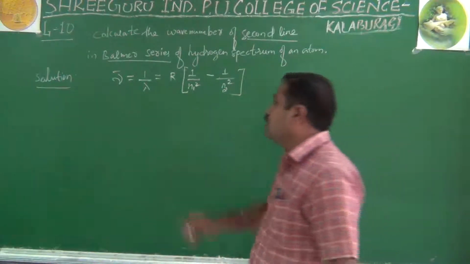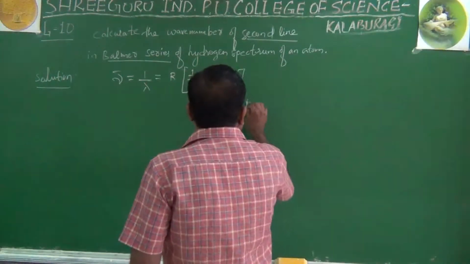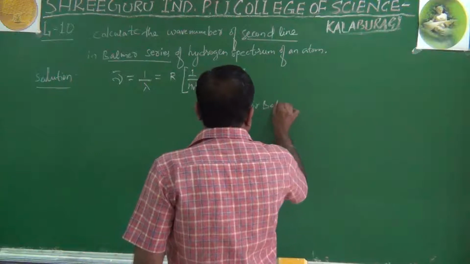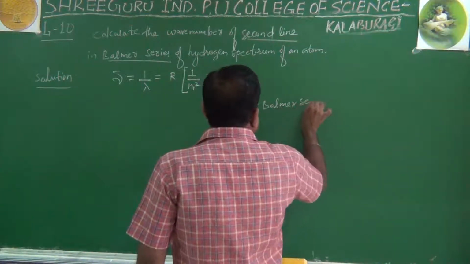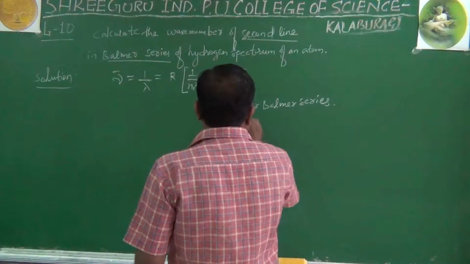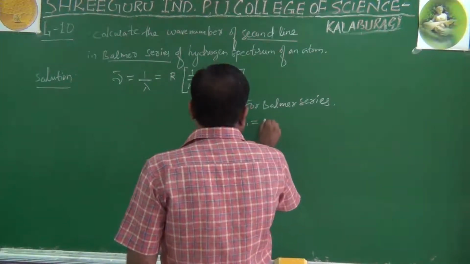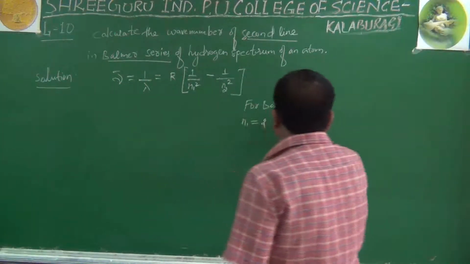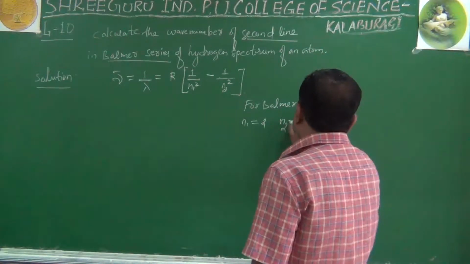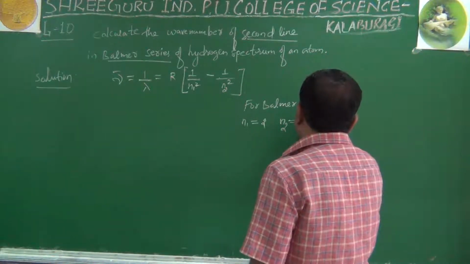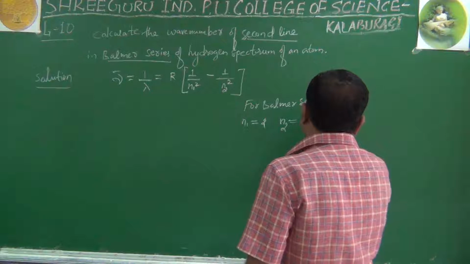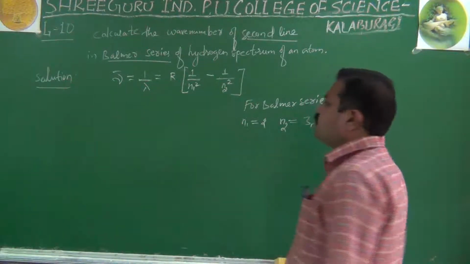So accordingly, for the Balmer series, n1 is 2 and n2, the excited state energy levels, are respectively 3, 4, 5 up to infinity.